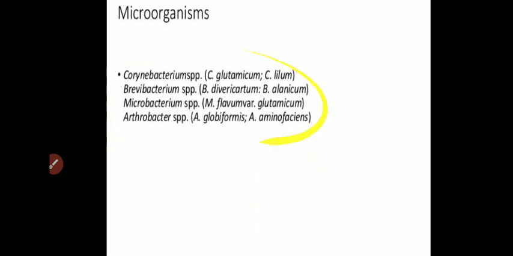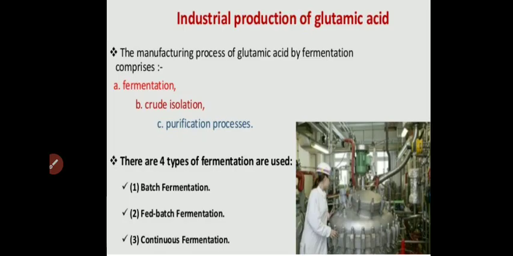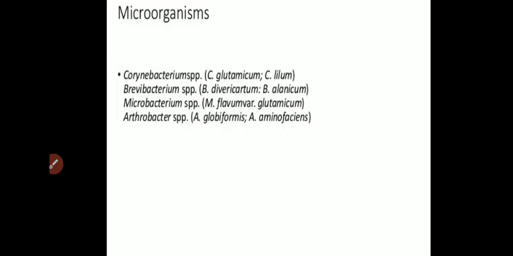Here are the different examples of microorganisms used for the production of glutamic acid. But specifically, the microorganism used for the production of glutamic acid is Corynebacterium glutamicum.